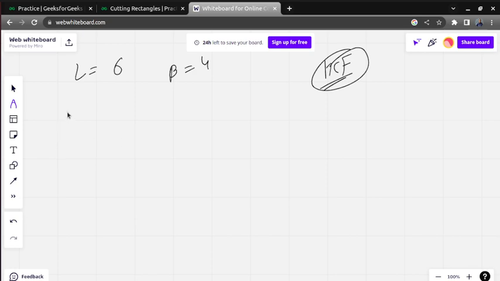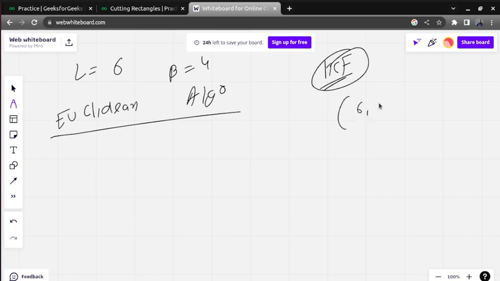There is one direct approach, the Euclidean algorithm. What this algorithm tells us is that if there are two numbers and you want to find the HCF, you need to make one number 0. We have two numbers, 6 and 4.